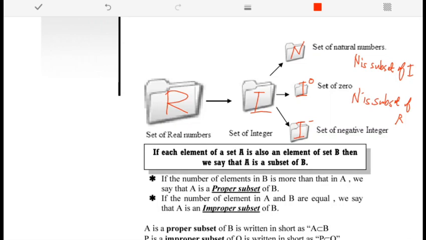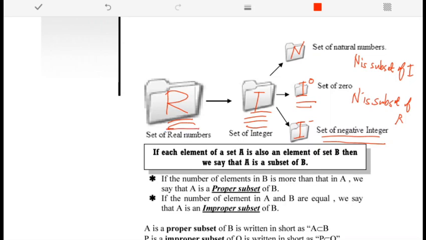We can also have your set of 0 as a subset of your I, and set of 0 is a subset of R. Or set of negative integers is a subset of your I, and set of negative integers is a subset of R. Or set of integers is a subset of real numbers.